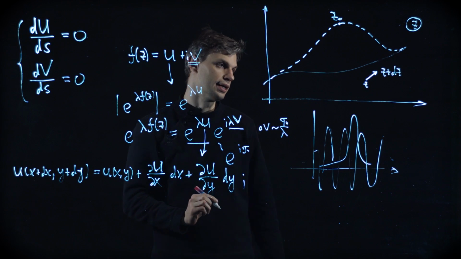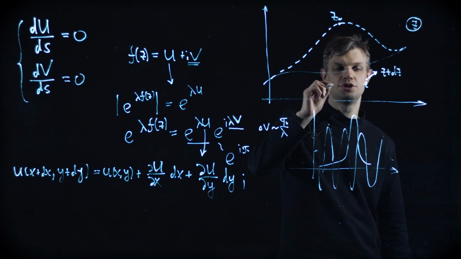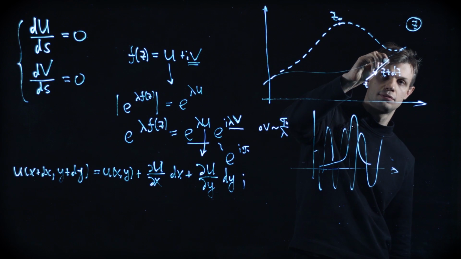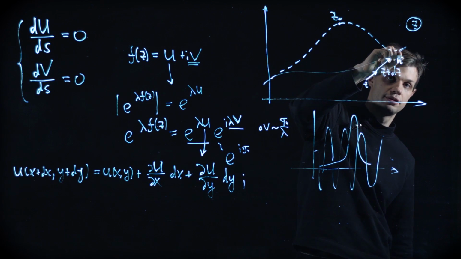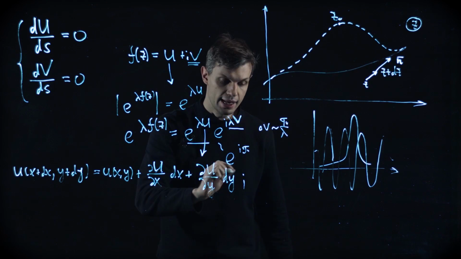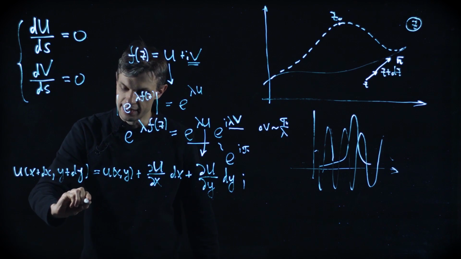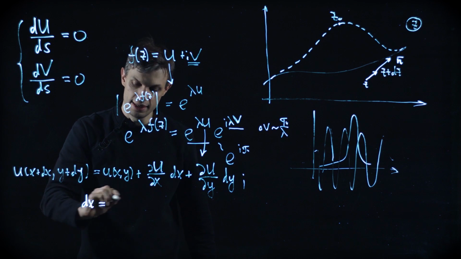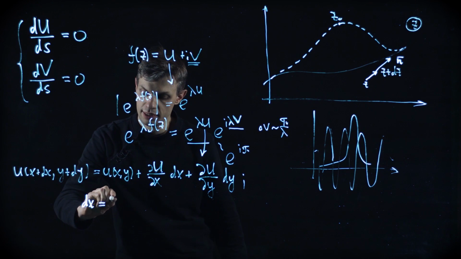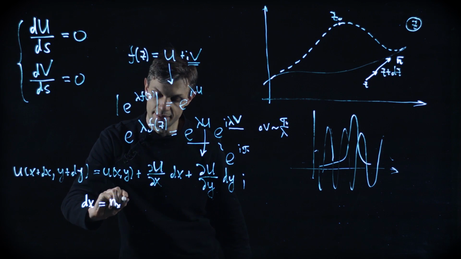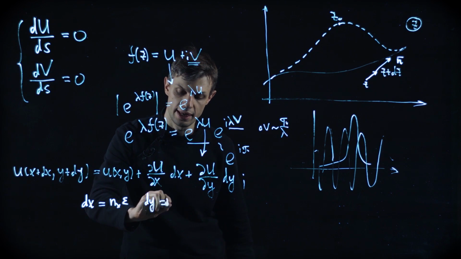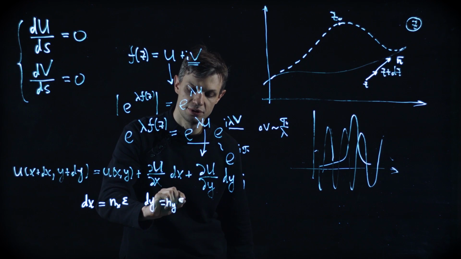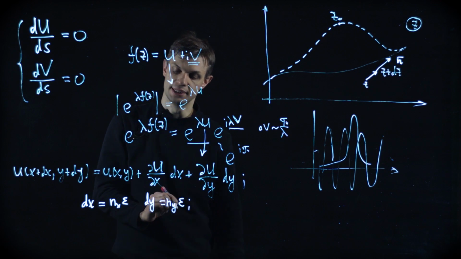Okay, and let's choose some direction defined by some unit vector n. So now dx is nx times some small parameter epsilon, and dy is ny times the small parameter epsilon.